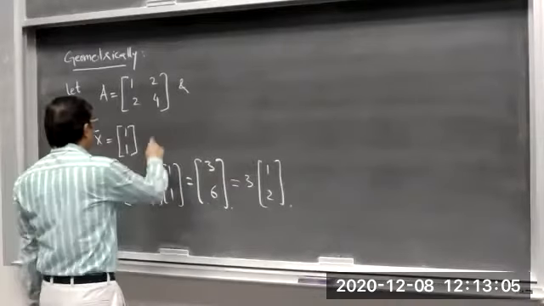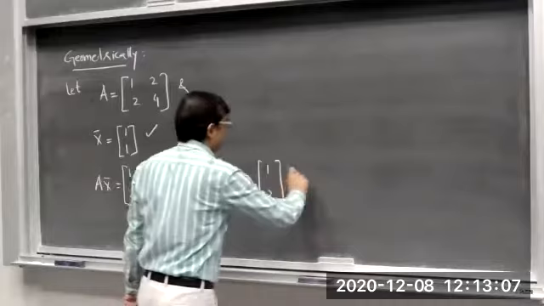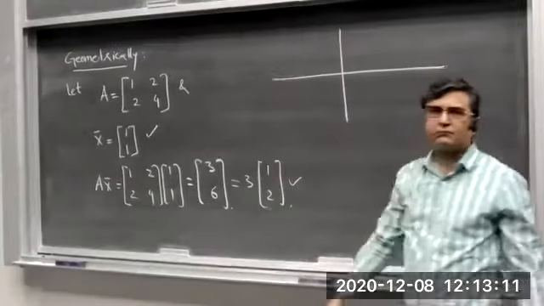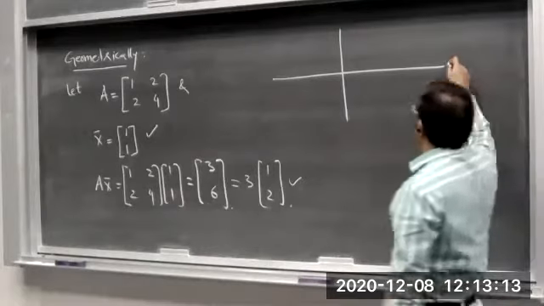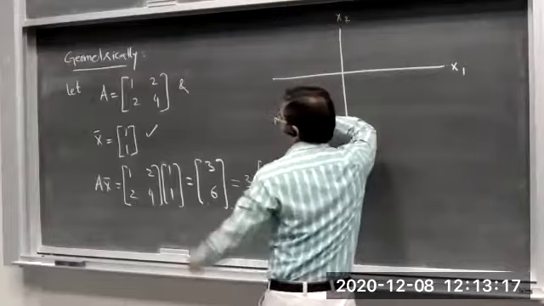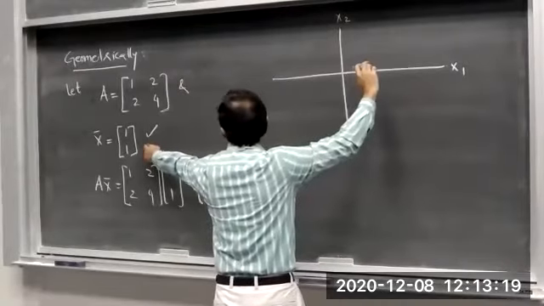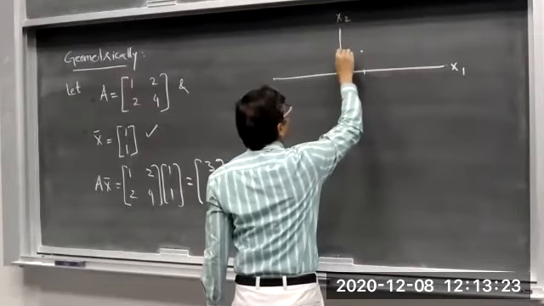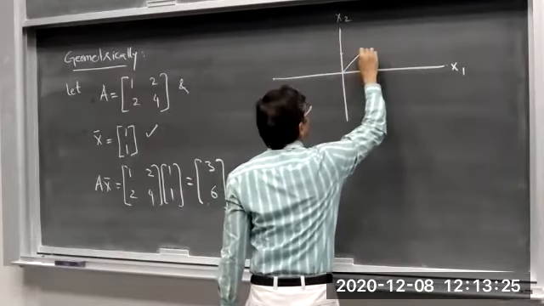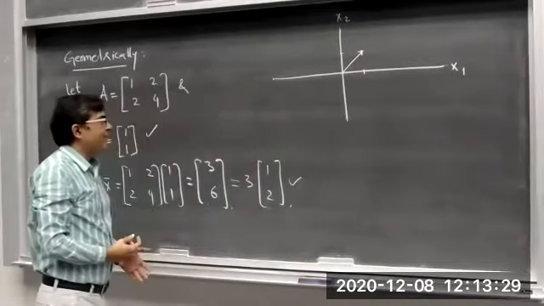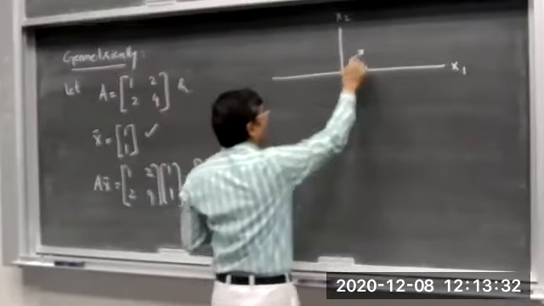Now, if we plot this vector and this vector graphically on an xy plane, for example, this is your x1 axis and this is your x2 axis, then this vector x, which is (1, 1), it is something like this. So this is your x vector.